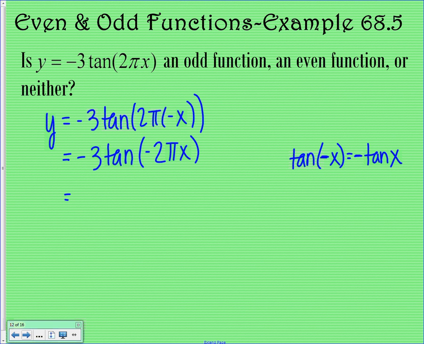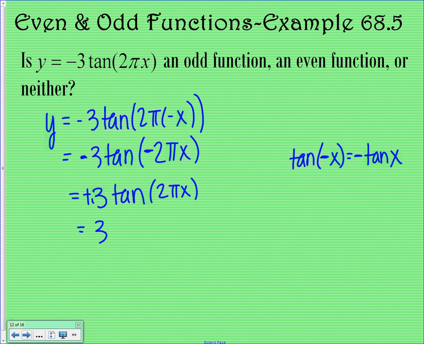So this is going to become negative 3 tangent, and when we take this negative out, it's going to become a positive 2 pi x, and this negative out front is going to disappear because we're going to have a negative from here that comes with this negative to make it a positive in front.